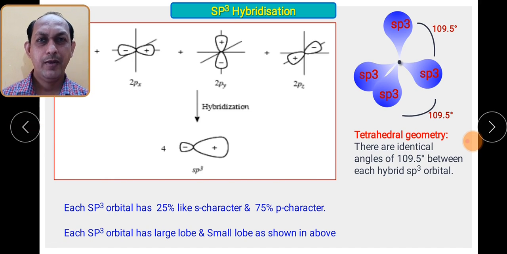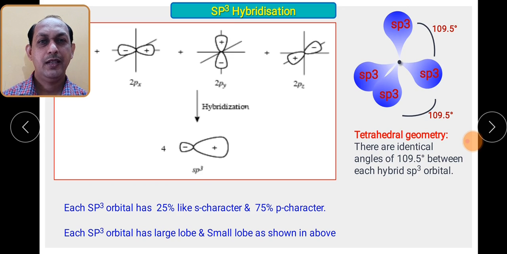So remember when we explain the sp3 hybridized orbitals, these are the sp3 hybridized orbitals, which have 25% s character and 75% p character. Remember the percentage of p character is higher.